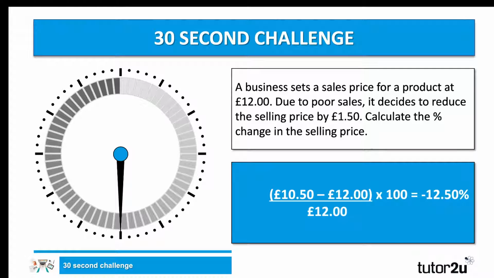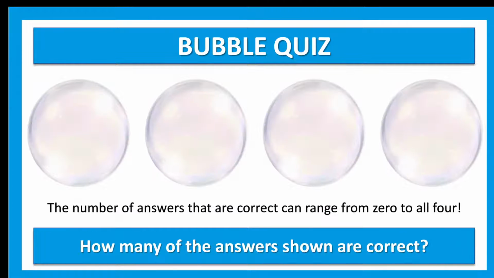And remember, a lot of people got that answer in round about 30 seconds, which is astounding, really. So also remember, in calculation questions, show your working out. So you've got the difference divided by the original times 100, and it is a fall or a decrease of 12.5%. Superb. Fantastic.